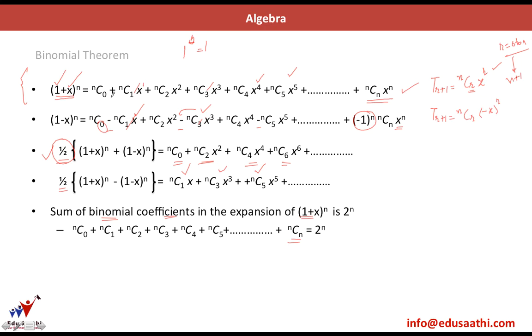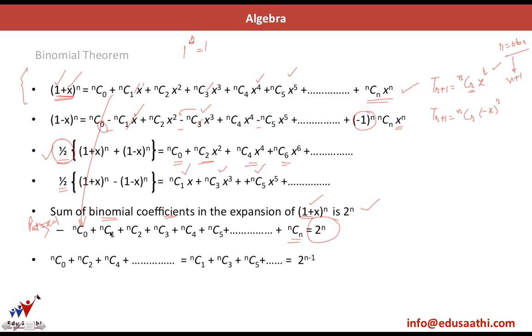What I'll get? I'll get the right hand side, which is exactly equal to this. So if I'm doing something on the right hand side, I will do the same thing on the left hand side. So if I put x is equal to 1, what I'll have? I'll have 2 raised to power n. So this is a very, very important rule that we have, which is the sum of the binomial coefficients in the expansion of 1 plus x raised to power n is 2 raised to power n.